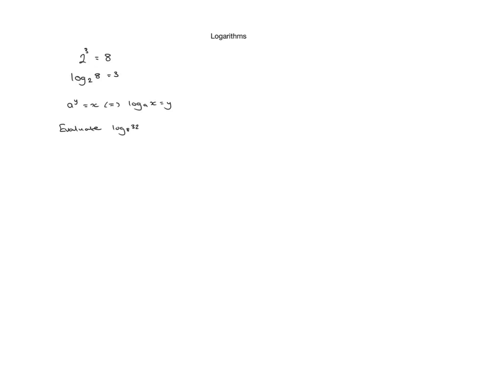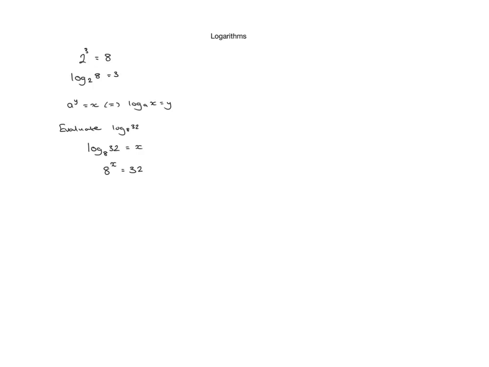So the first thing we do is write log base 8 of 32 is equal to something, and we're going to call that x. This x is the index that we have to raise 8 to the power of, to get 32. So we rewrite it: 8 to the power of the index x is equal to 32.